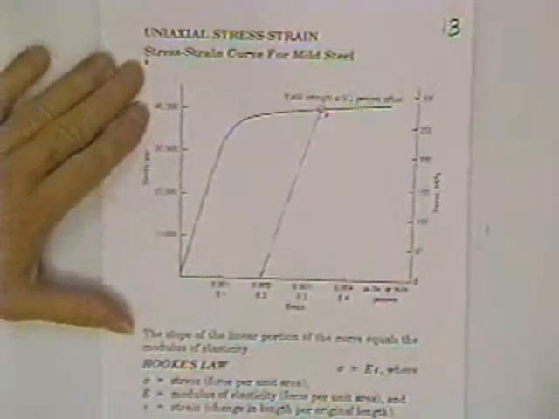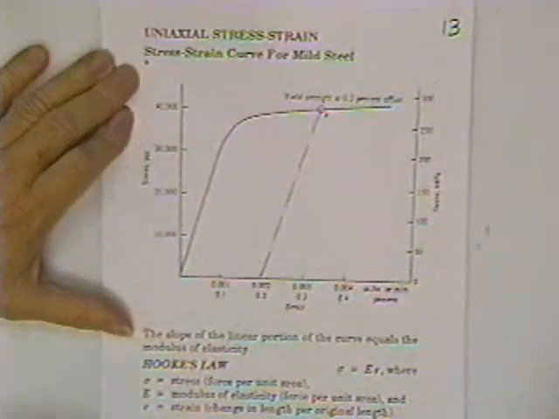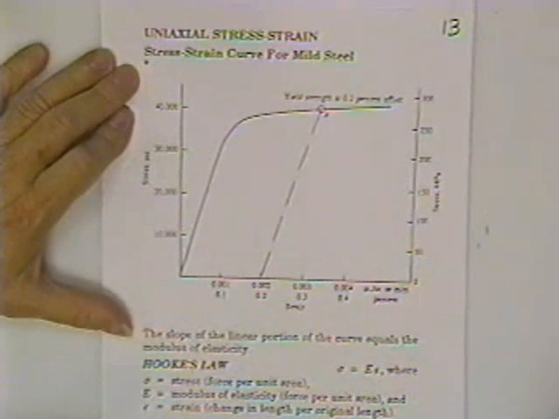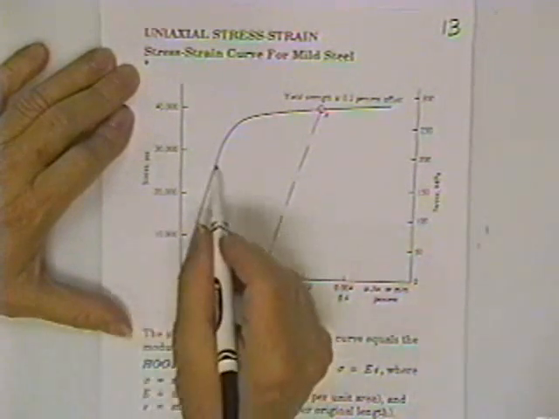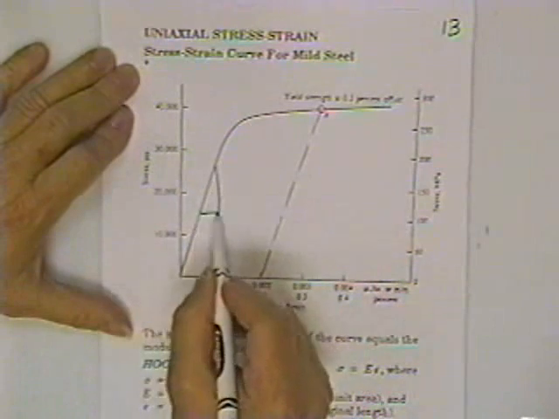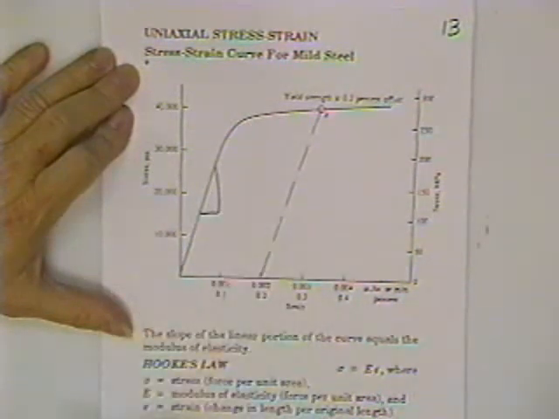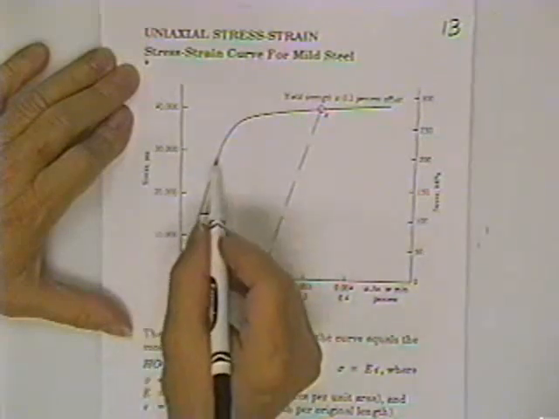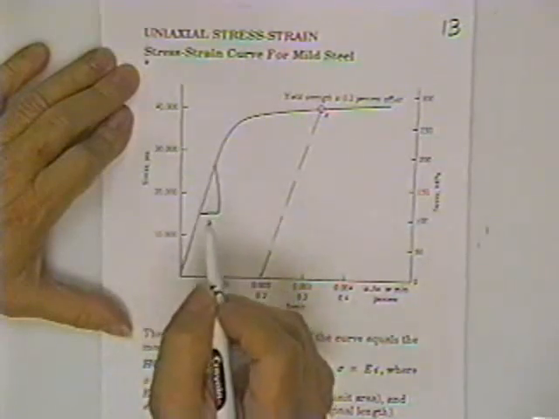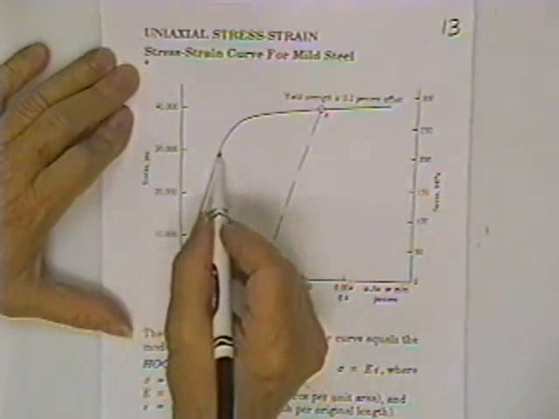Alright, now one of the tables listed in the book is a stress strain diagram for steel. They might ask you some questions about this. They may be doing nothing more than wondering if you know what E is, the slope of that line. They might ask you at what value approximately does the material go nonlinear.